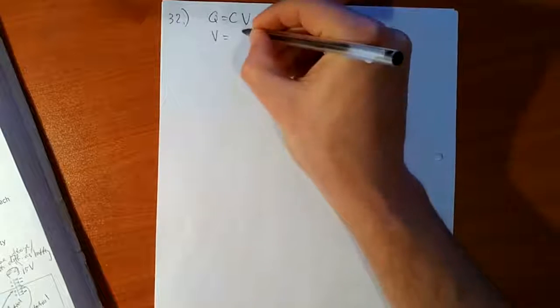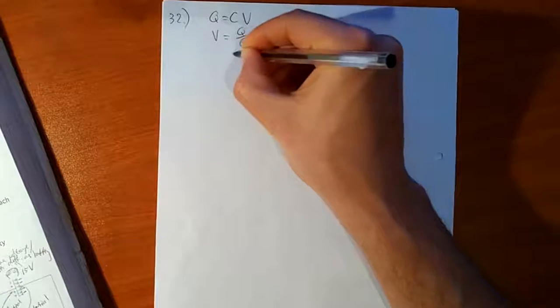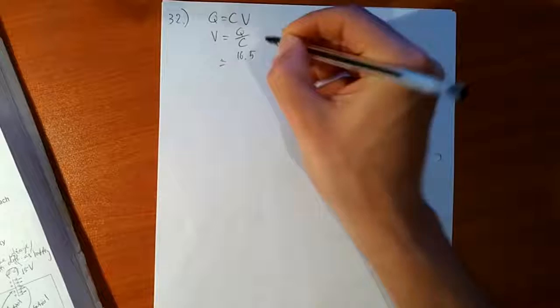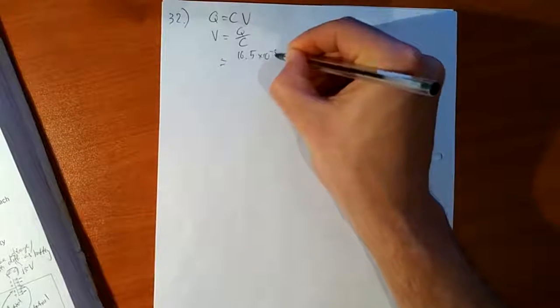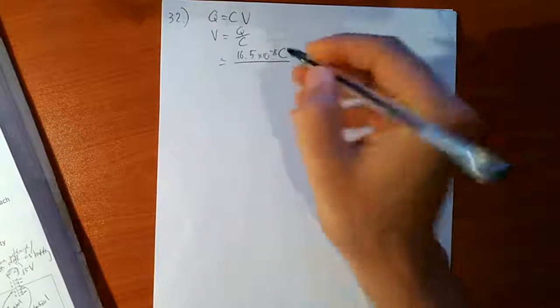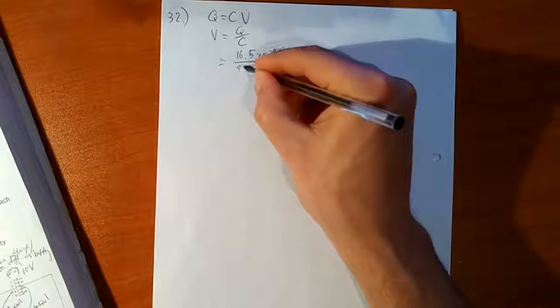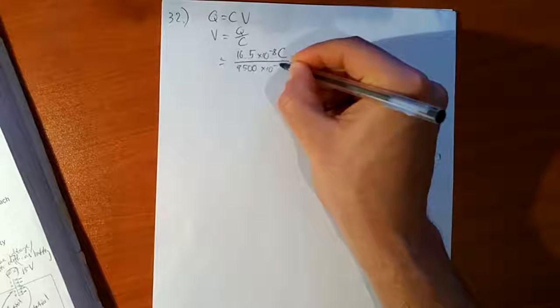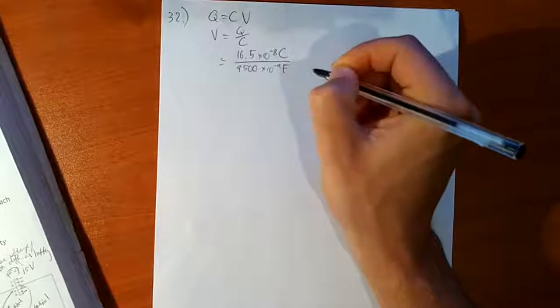So the voltage is the charge on the capacitor over the capacitance, and the charge is given as 16.5 times 10 to the minus 8 coulombs over 9500 times 10 to the minus 9, because it's pico.